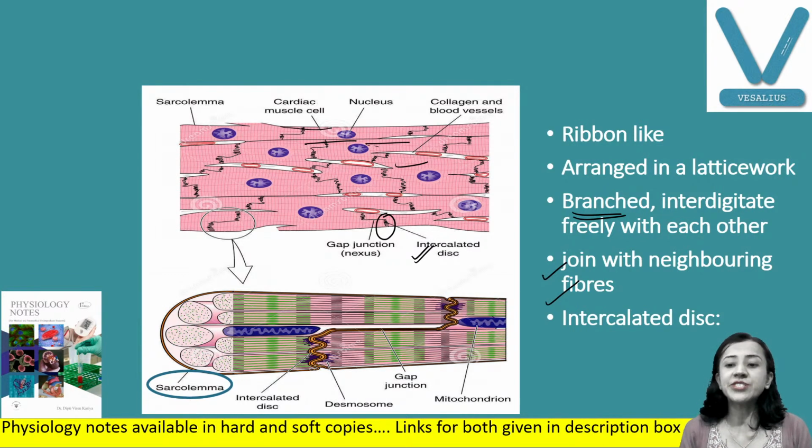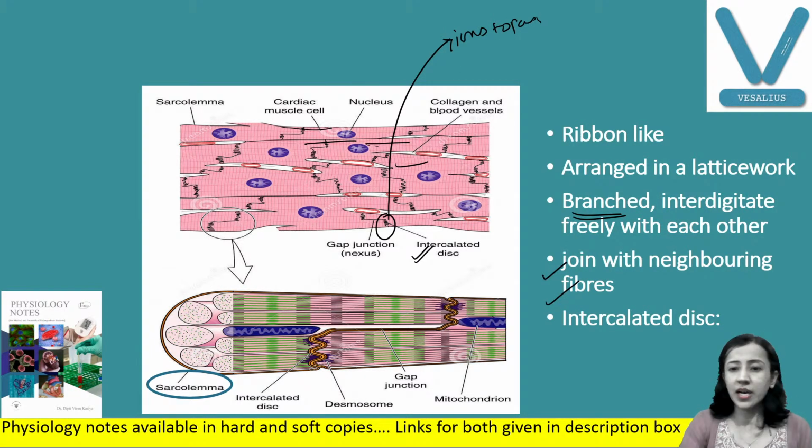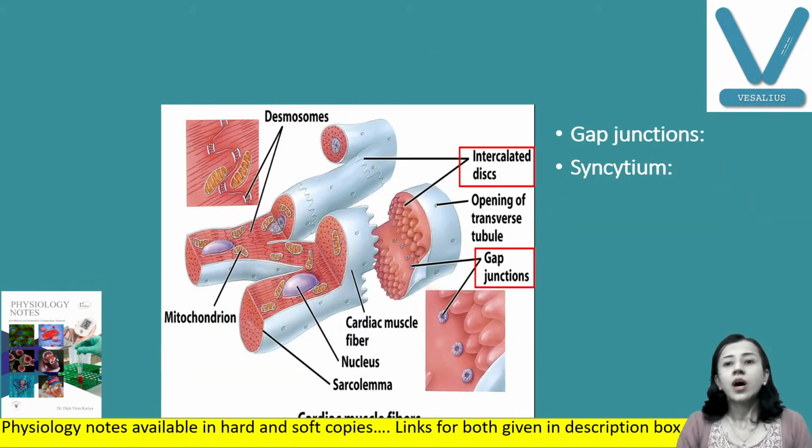They form tight junctions between two muscle fibers, and the intercalated disc will not allow ions to pass from one cardiac muscle to another. Along with that, you can see here the intercalated discs between two cardiac muscles.